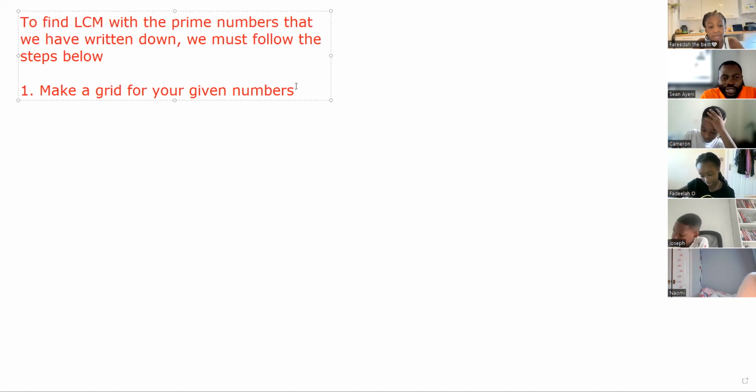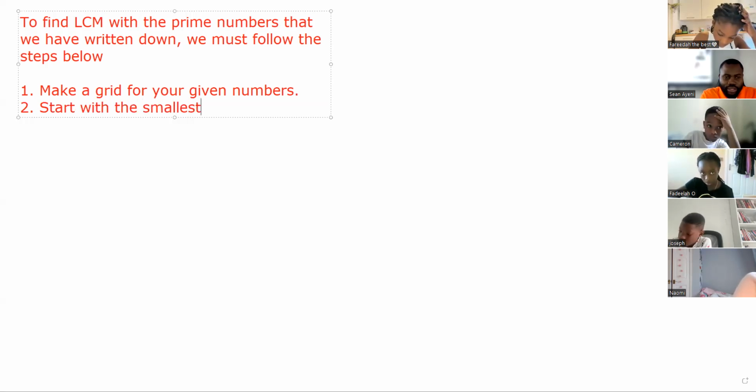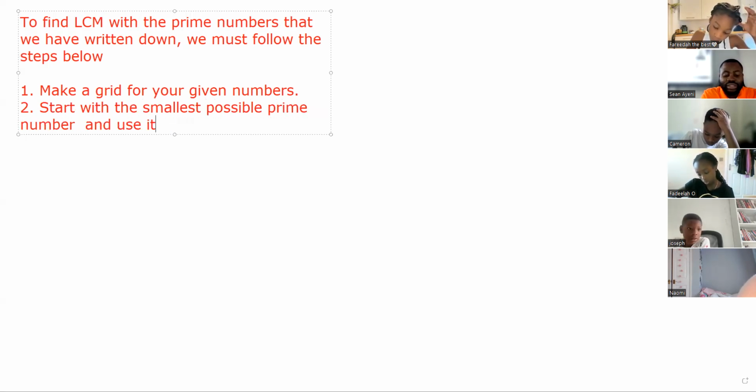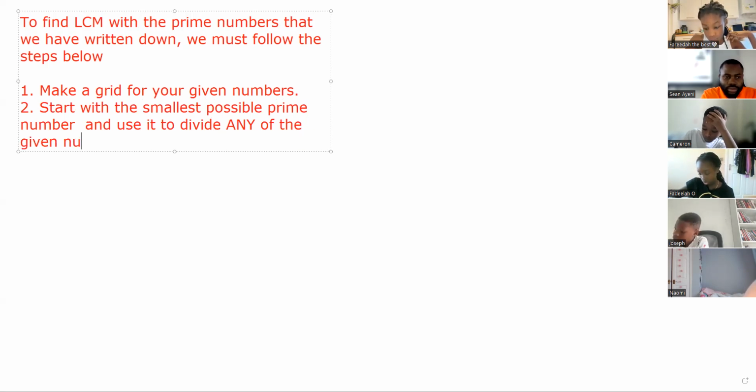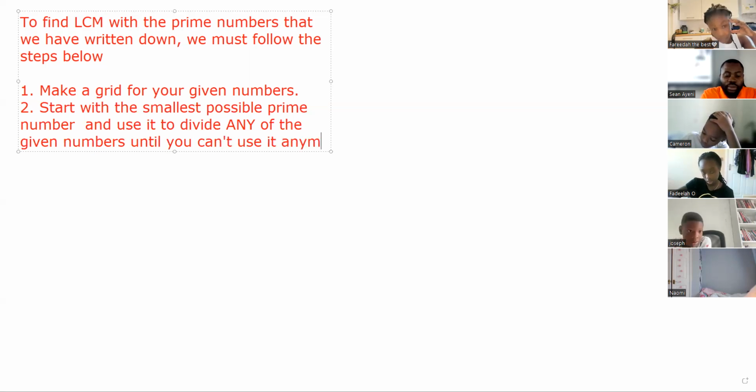Right. Make a grid for the given numbers. Start with the smallest possible prime number and use it to divide any of the given numbers until you can't use it anymore.